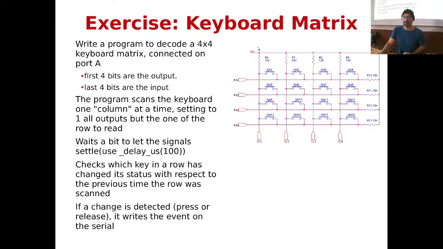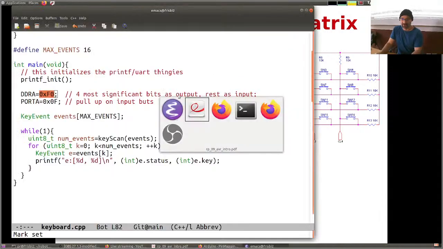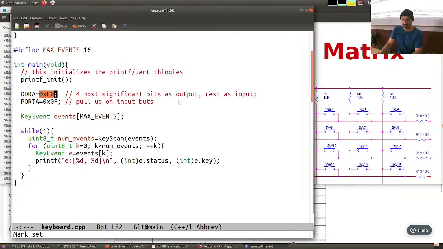To enable pull-up resistors, which means by default read 1, I have to write 1 to the pins that I'm going to use as input. And I'm going to do this here: port A, 0x0F. So we put up the pull-up resistors on the least significant 4 bits, even if we're using them as input.